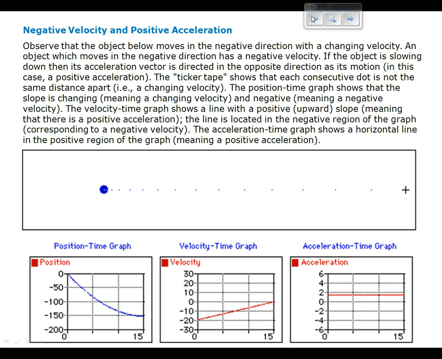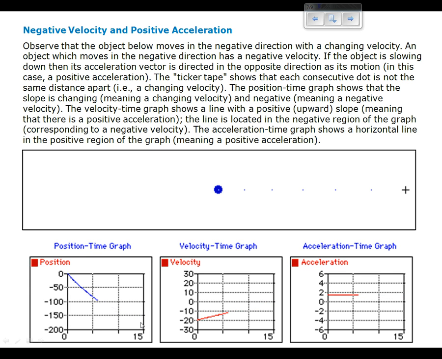Negative velocity means that it's moving which way, left or right? Left. Positive acceleration means that the acceleration is to the right, which means that this object is going to slow down. So it's moving left, but slowing down. The position time graph, because it's moving left, is still in the negative region. Why is it flattening off like this? Because it's slowing down.